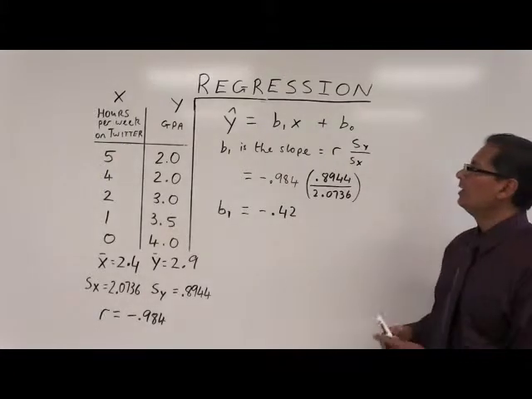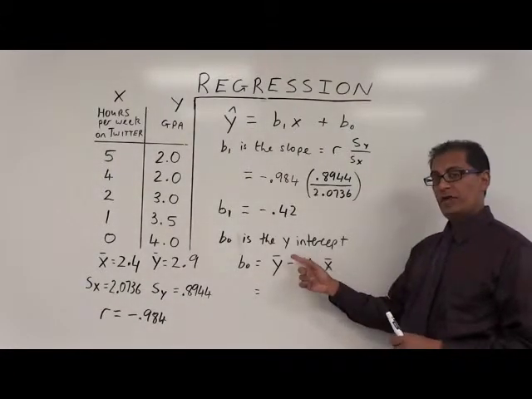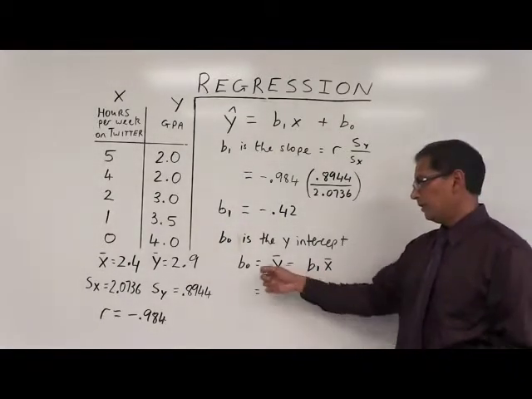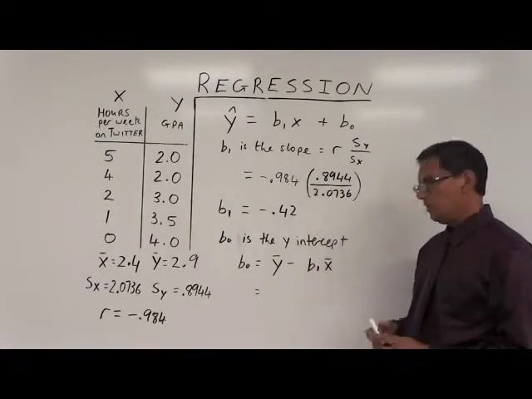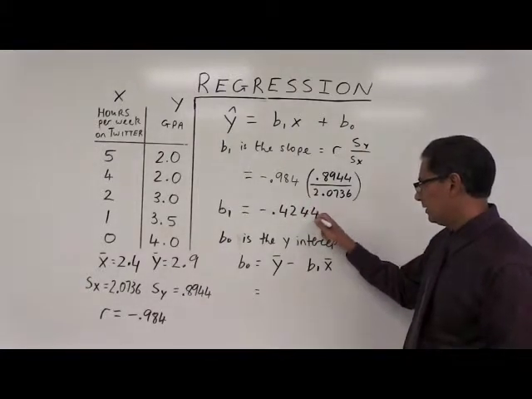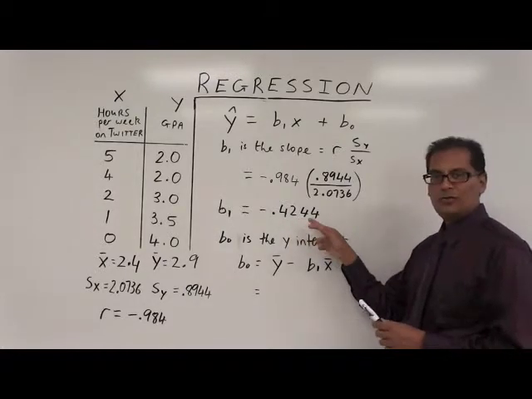Okay, so that's b1. b0 now is the y-intercept, and here's where the mean of the x's and y's is involved. b0 is the mean of y's minus b1 times the mean of x's. Now, for b1, I had dropped some decimal points. I'm going to put in some extra decimal points that should have been there. It's actually negative 0.4244.